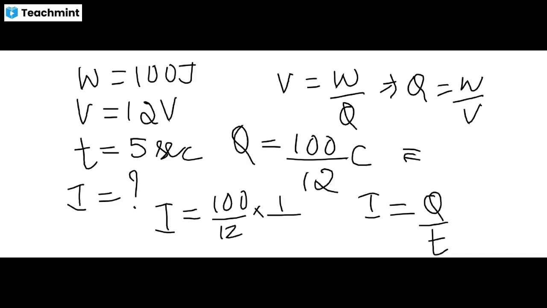So 1 by 5, what is the answer? 5 by 3, so 1.66 you'll get, which is rounded off to 1.7 ampere. 1.7 ampere. Okay.